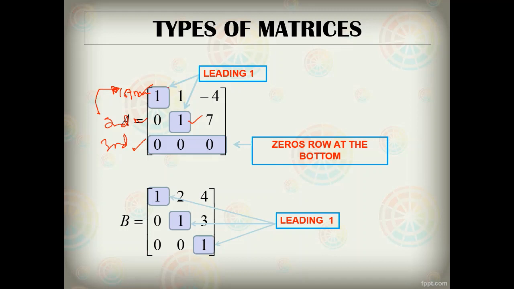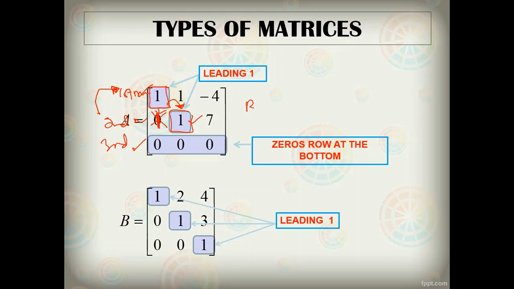Since the number 1 of the first row is here, the next row's number 1 must start to the right. It cannot be right under the 1 here, so the number 1 cannot start here. If it starts here, it does not satisfy the third condition. Since the number 1 starts here, yes, it is to the right of the previous row, which is the first row.